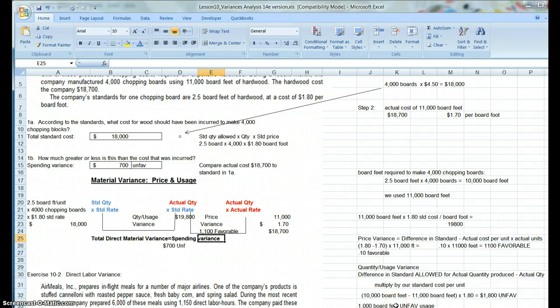That was the 1,000 board feet at the standard rate of $1.80, which came out to $1,800 unfavorable. So when we combine the two things that have occurred, the price variance and the quantity variance, we net to an unfavorable $700 spending variance, which was the difference that was initiated up front.